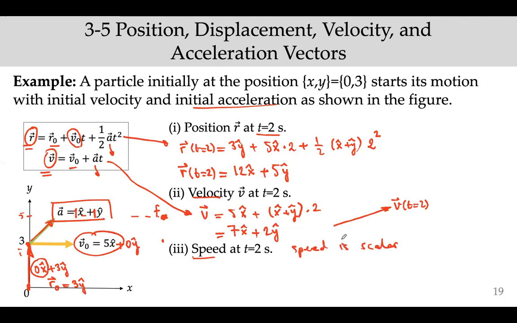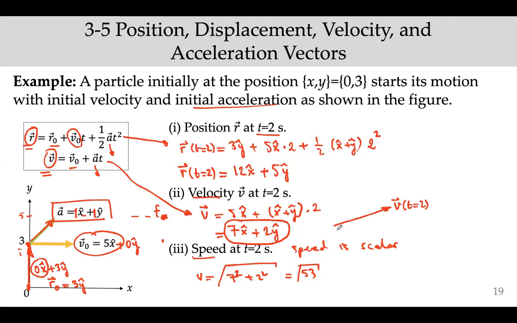So how do you find the speed? Well, it's going to be the magnitude of this velocity vector. Now, how do you find it? Remember from the Pythagorean theorem, so 7 squared and 2 squared. It's going to be the square root of 53.